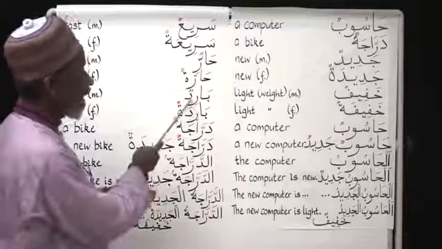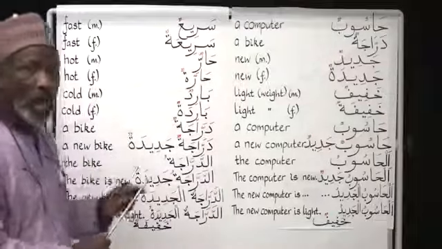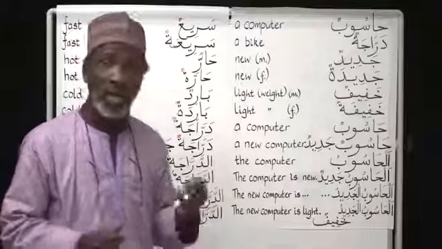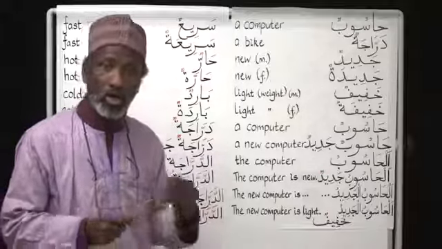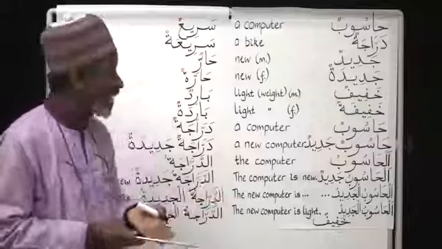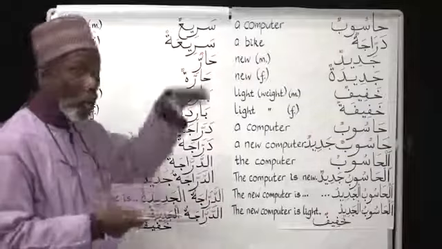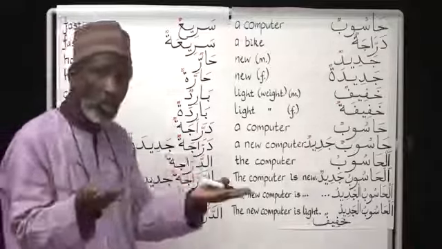So we have baridun, baridatun, that means cold. If you know how to say the weather, you can say al-jawu or at-taqsu baridun, the weather is cold. See how, once you understand the structure, you just learn more words.